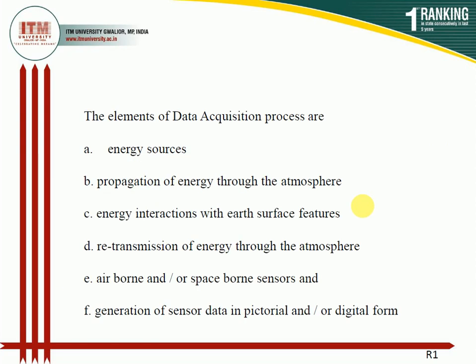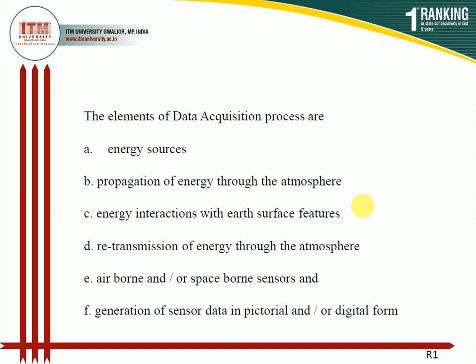In the process of data acquisition, there are a few things which we have to know. First one is the energy source, which type of source is used for illuminating the object, whether it may be a sun or a satellite one. Second one is how the light interacts with the atmosphere, means whether all the total amount of light which is incident by the sun totally strikes the surface of any particular vegetation, or some part is missed, that we have to first consider.